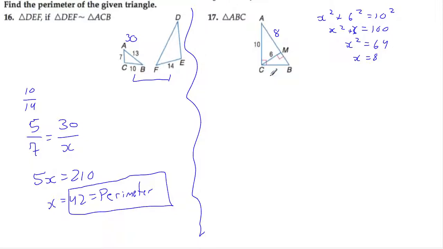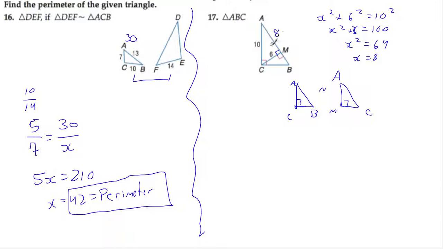So we can say if we have triangle ACB and we have triangle AMC, ACB, AMC, these are going to be similar.